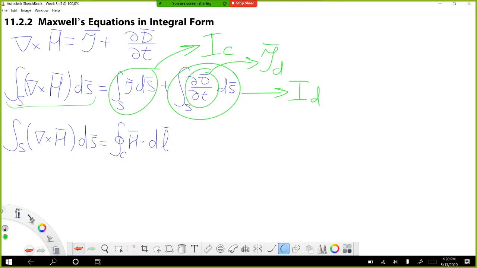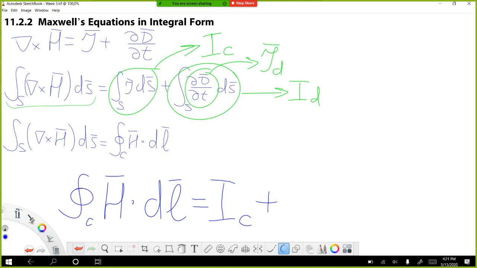Our equation becomes: integral over the closed path C of H dl equals conduction current IC plus ID, displacement current.